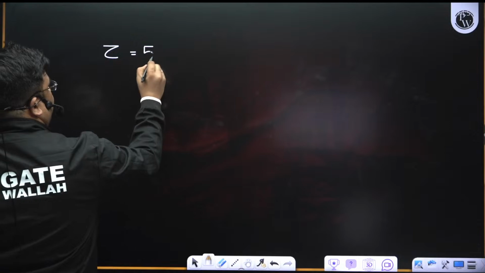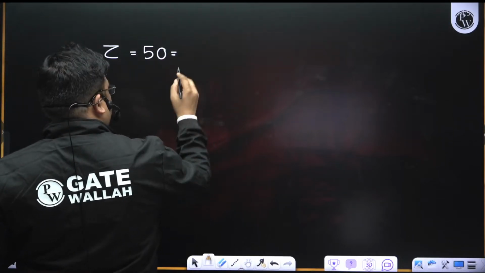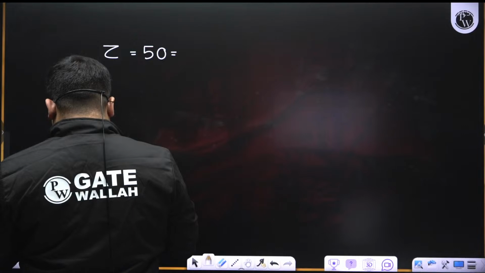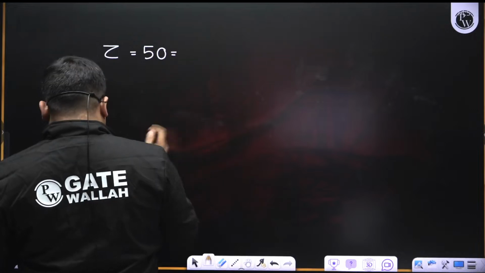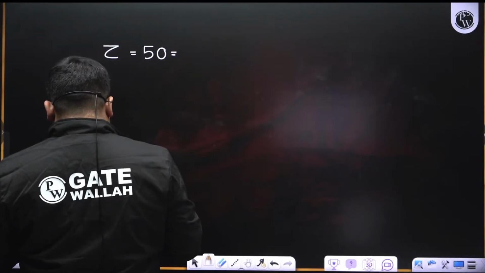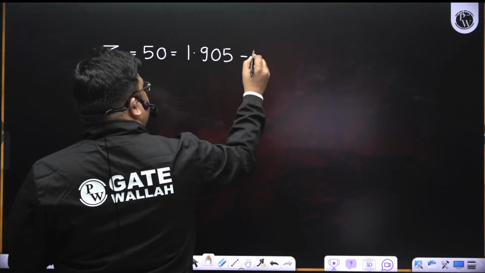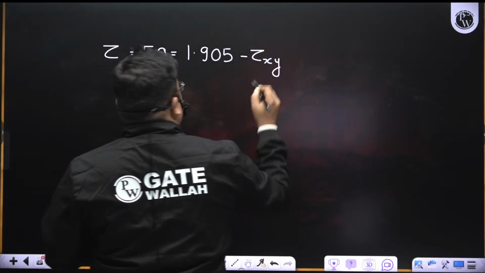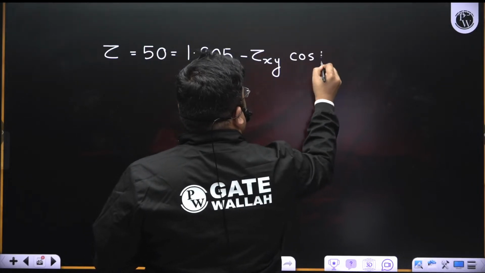50 is equal to (sigma x minus sigma y), that is (40 minus 35.6) divided by 2, so 2.2, into sin 120. I'll get 1.905 minus tau xy cos 120.